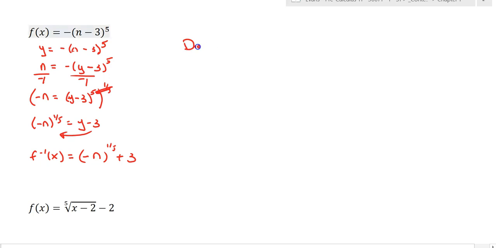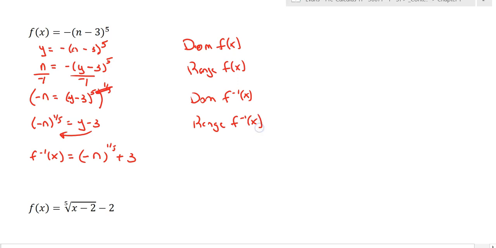Now, as far as the domain and the range is concerned: the domain of the function, the range of the function, the domain of the inverse, and the range of the inverse. Now, hopefully you remember what a fifth power looks like.